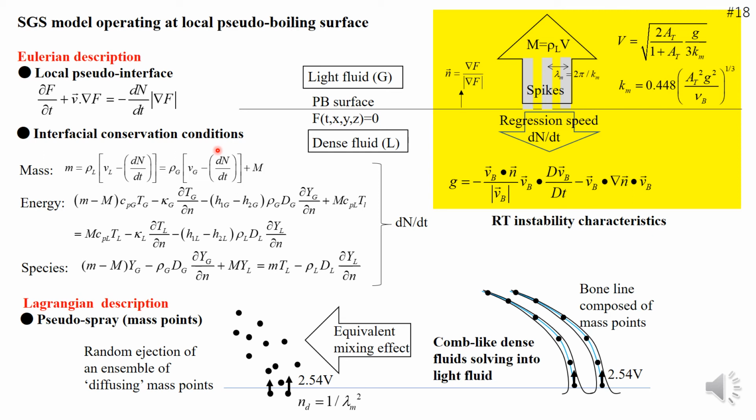The shape and the thermodynamic state of the local pseudo-interface change temporospatially because the dense fluid spike formation changes the subsequent light fluid LES flow field evolution, and thereby the pseudo-interface behavior itself as well. Every inertial dense fluid element of each spike tends to keep its initial velocity gained at the instantaneous bubble tip location.